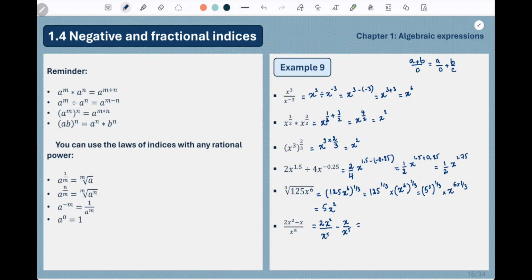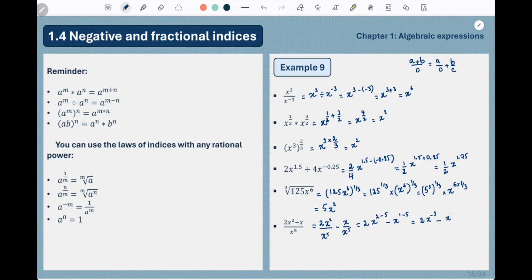So that's what I've done so far. Now I'm going to use the second law over here. So 2 minus 5, minus x. X is simply x to the power of 1, so 1 minus 5. Can you see what I've done here? And then we have 2x. So 2 minus 5 is simply minus 3.